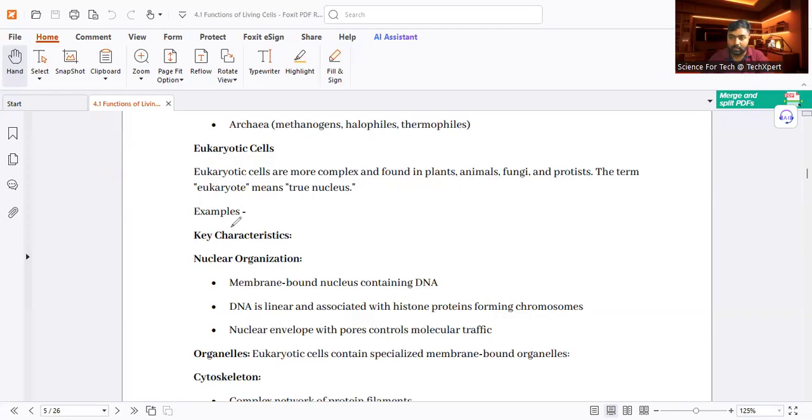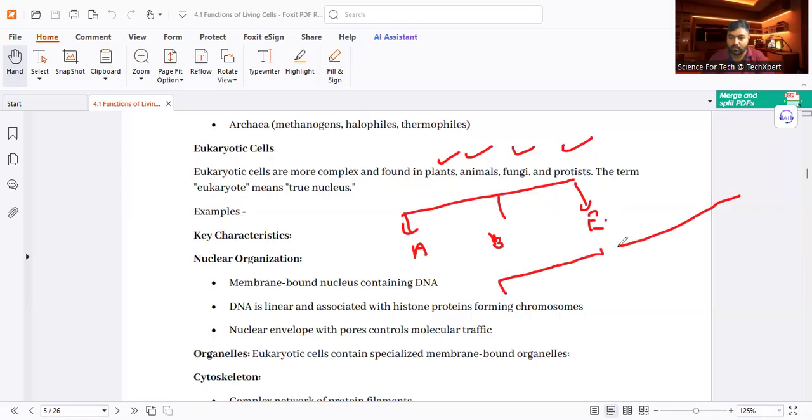These are comparatively larger in size than prokaryotic cells and found in plants, animals, fungi, and protists. That means we talked about three domains, no? Archaea, bacteria, and eukarya. Under eukarya, there are mainly four kingdoms, no?